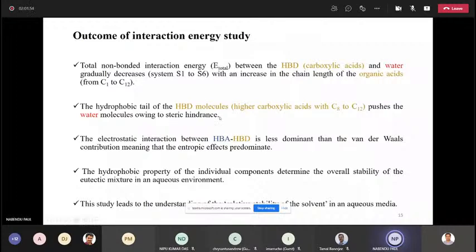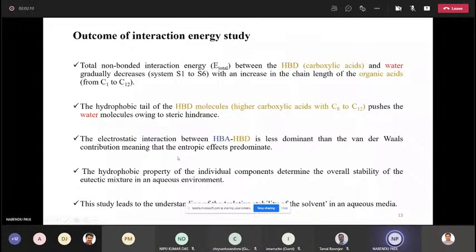Also, the electrostatic interaction between the HBA and HBD is less dominant than the van der Waals contribution, which means that the entropic effects are predominating over the electrostatic effects.